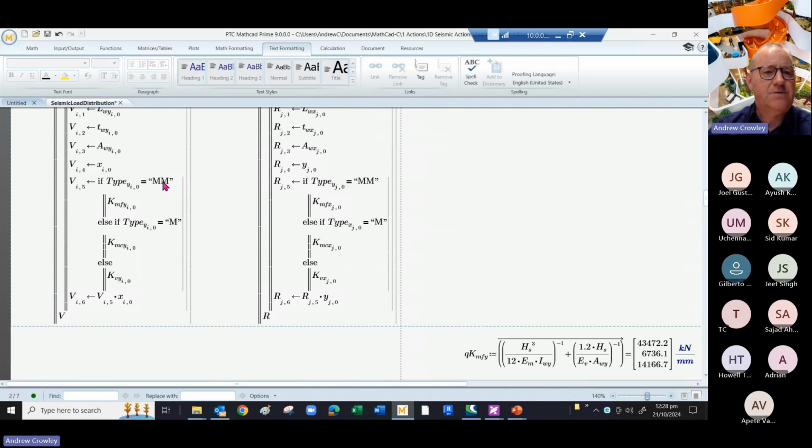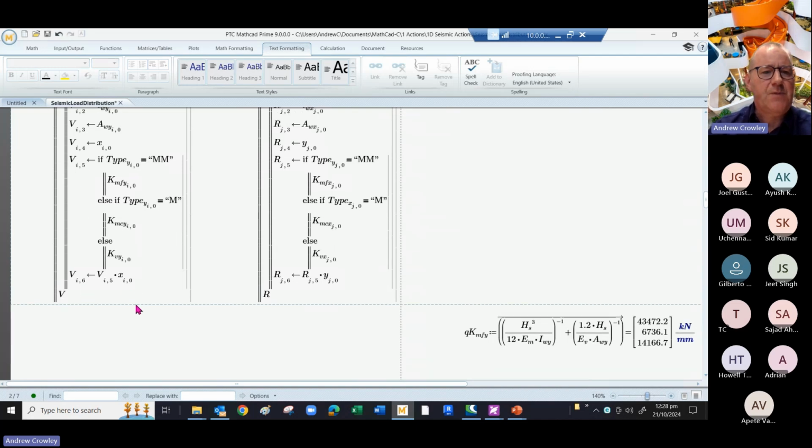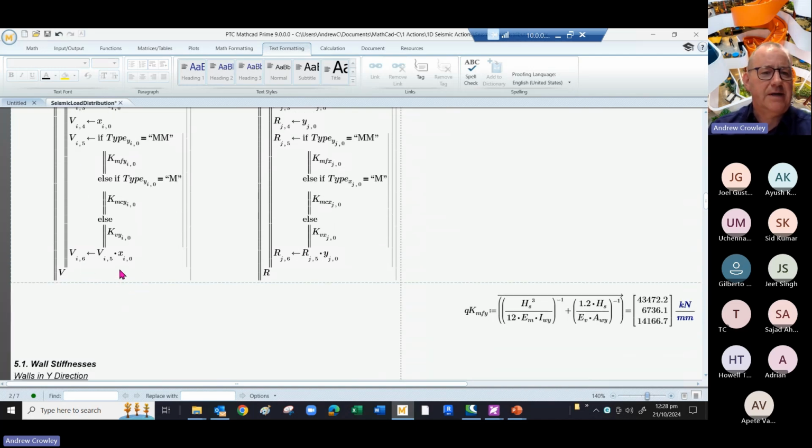So if it's a fixed wall, we have this kind of stiffness. If it's a cantilever wall, we have a second type of stiffness. Otherwise, it's a plain shear wall. And then allocate that to the 5th column, and in the 6th column, we multiply that by the eccentricity from the x direction. So we repeat that exercise on the right-hand side.